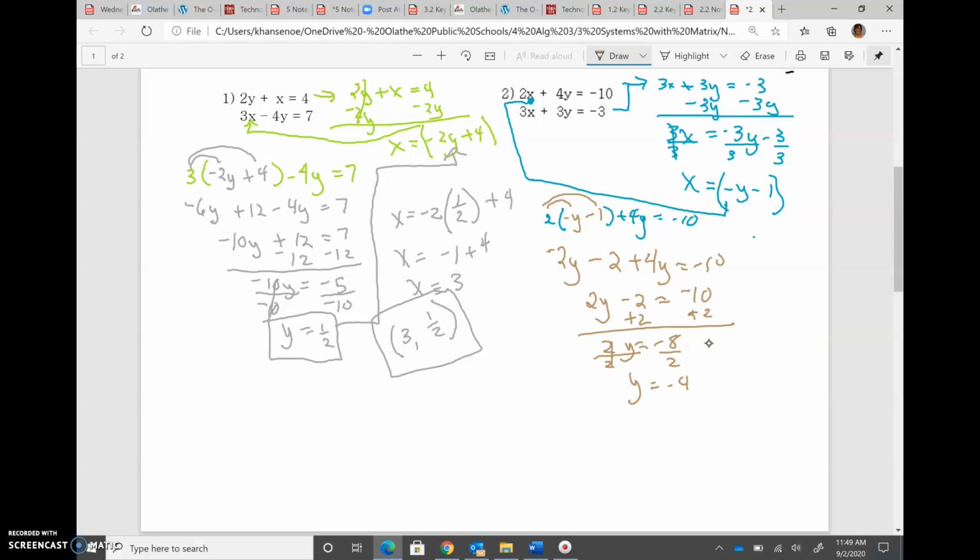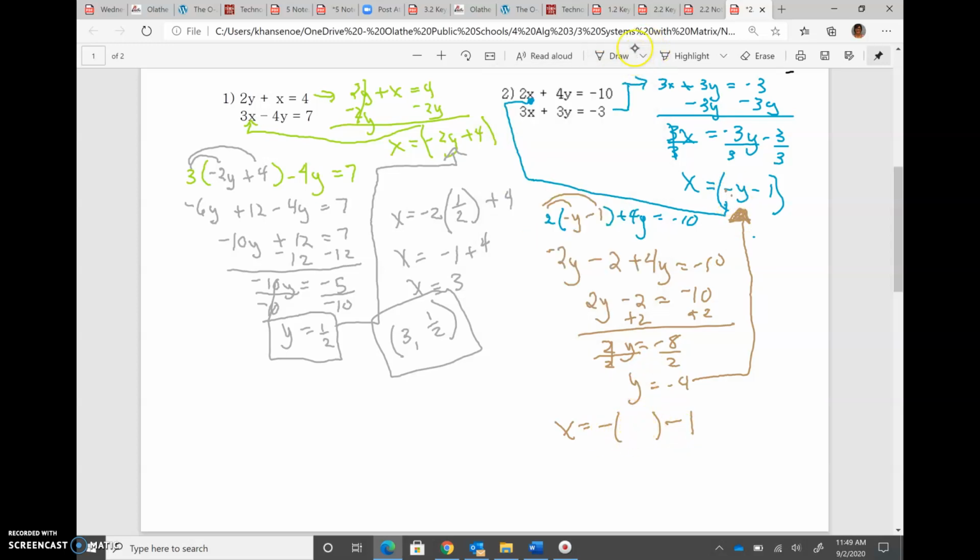Okay, so now what do I have? I have y. So what do I have to do? I have to plug that one back in right here. So now I have x equals negative y minus 1. So I put that negative on the outside of the parentheses so that you can put your number in here.